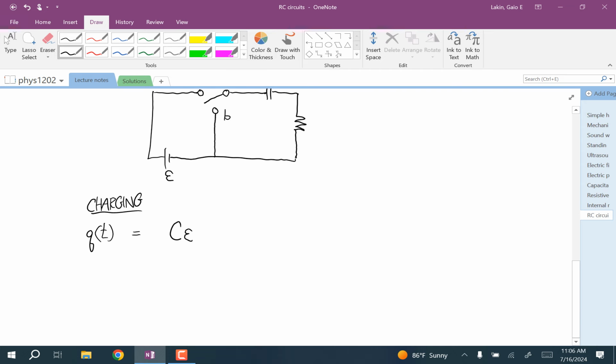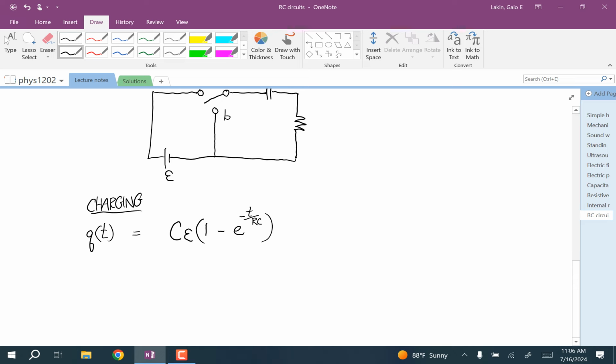And the charge at any given time is the capacitance times the voltage, or the EMF, times the quantity 1 minus e to the power of negative t over RC.